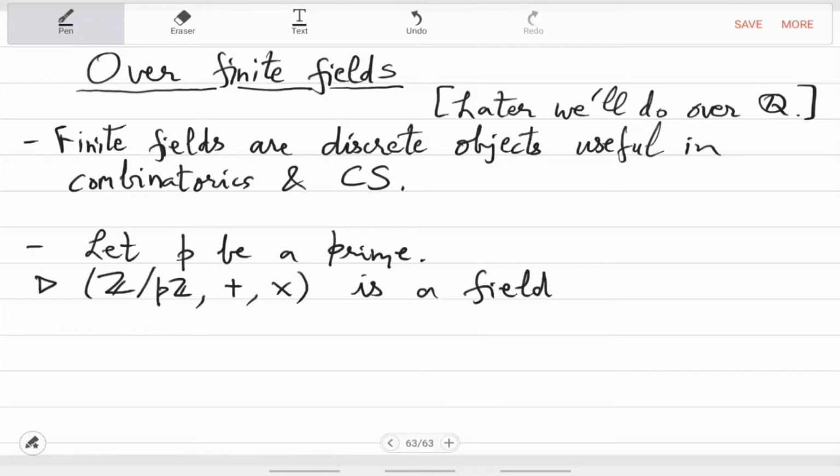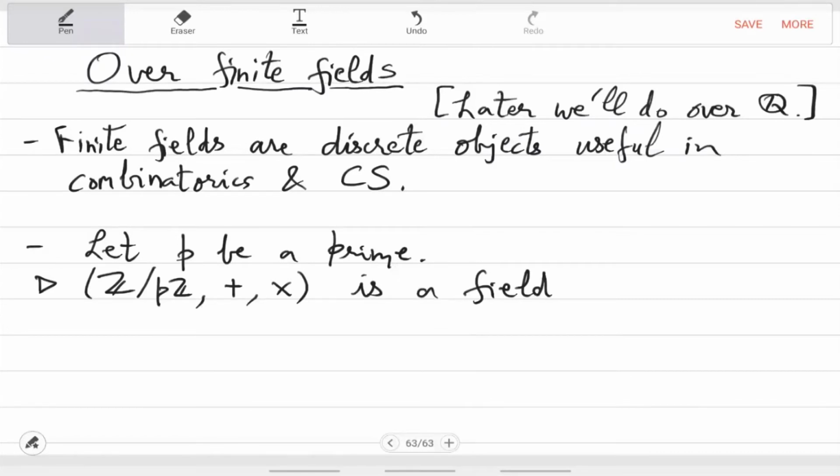So how do you show that every element is invertible in this except 0, of course? This is based on just GCD. For any non-zero element a, you take the GCD of a and p, it will be 1. So you have ua plus vp equal to 1, which means that u is the inverse of a. So that is a simple proof.